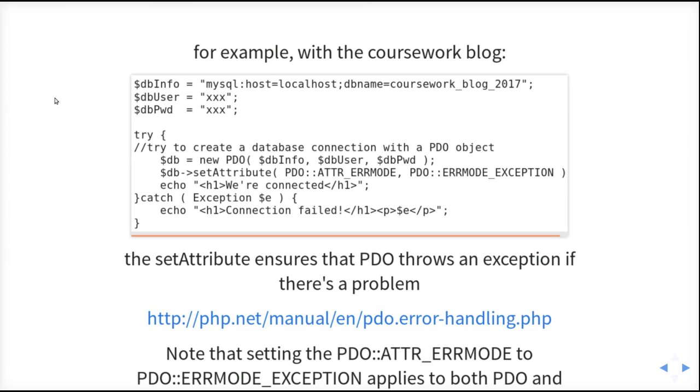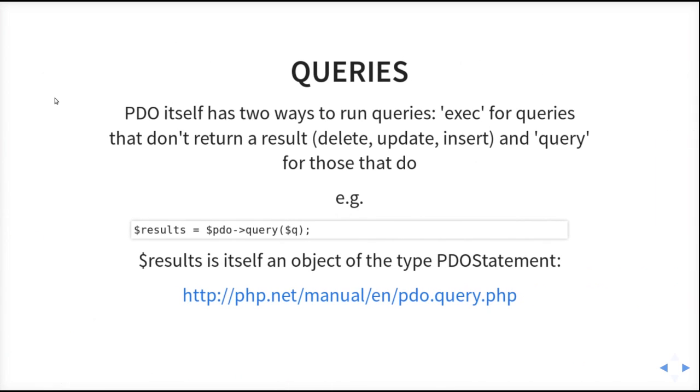We set some attributes for that, which is really to do with the error reporting, and then we're connected, unless we have to catch an exception when the connection failed. All about setting up the database handle and then passing that, which we'll look at in a second, to the classes, the objects in our program that can actually make use of it, that need it.